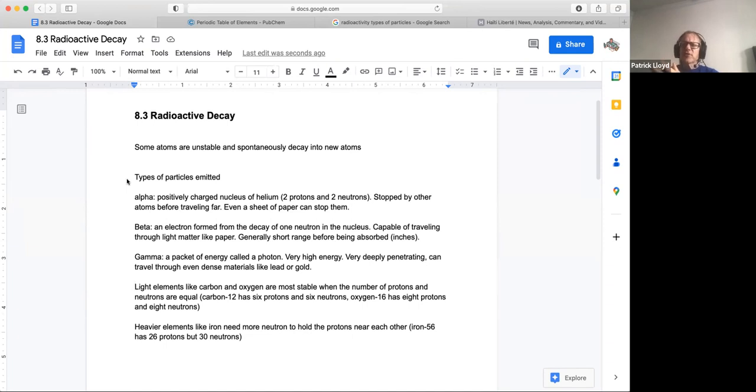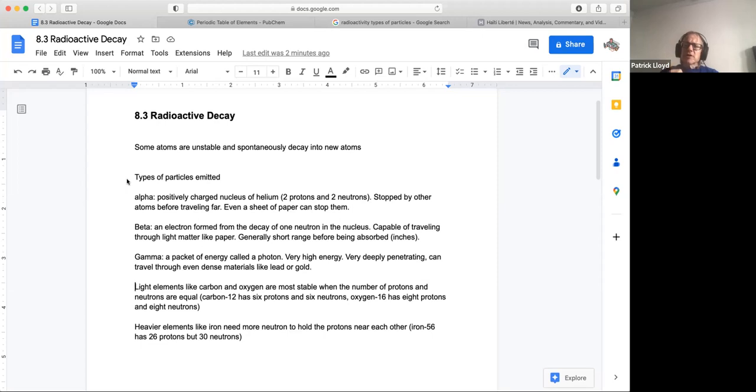And if you had some photographic film on the other side of the room, it would light up the film. And so they realized very quickly that these particles had a lot of energy to be able to fly across the room and expose film, right?